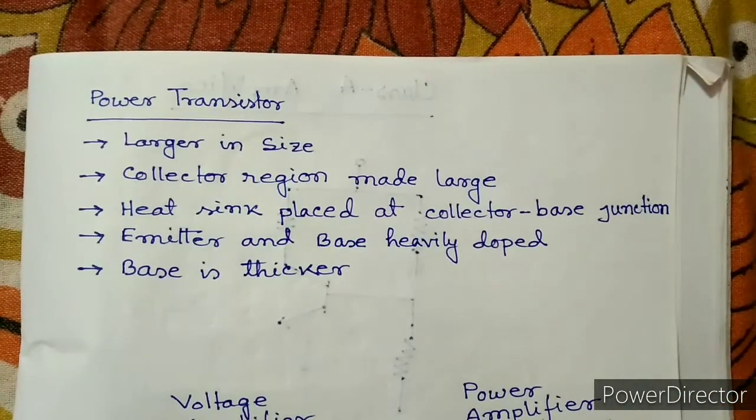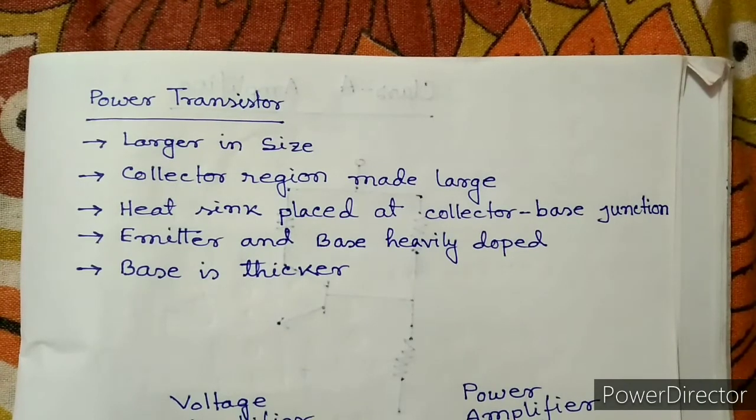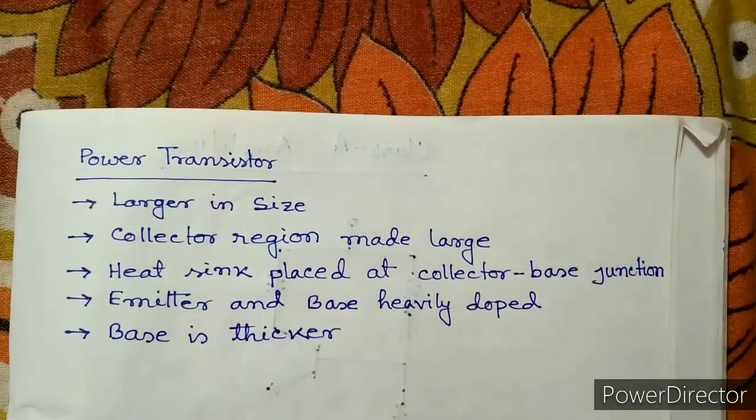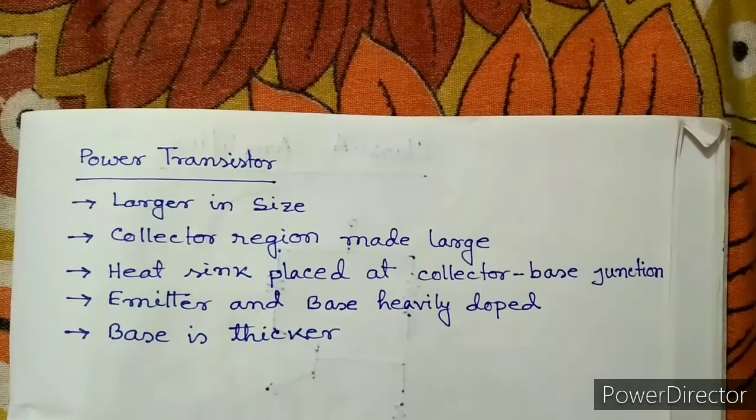The difference between the power transistor and a voltage amplifier transistor is that the power transistors used in a power amplifier are large in size, so that they can handle large power.